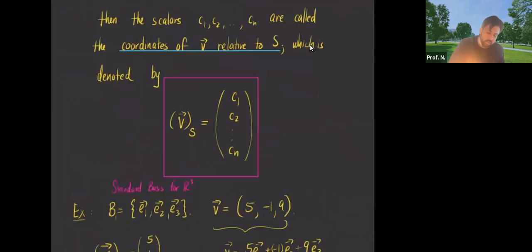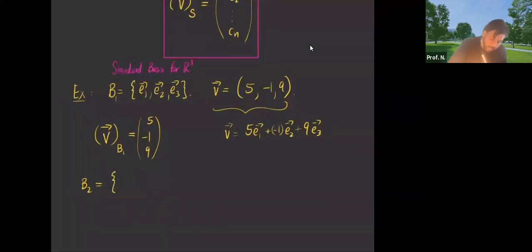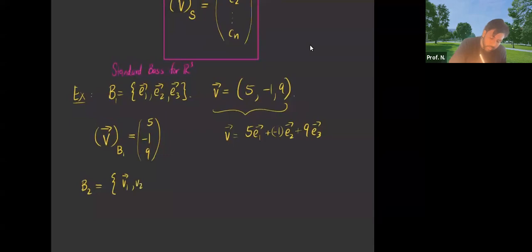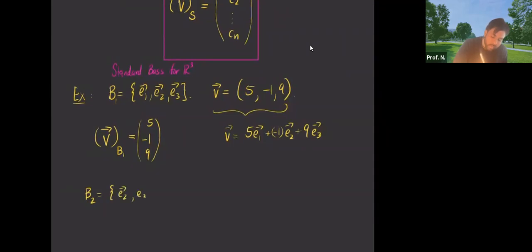Okay, so what if we have this instead? v1, v2, and e2. Oh, you know what? Before we do this, let me call B2: e2, e3, e1.